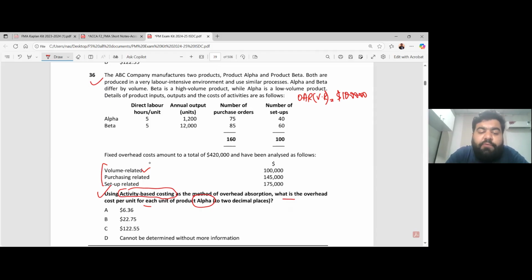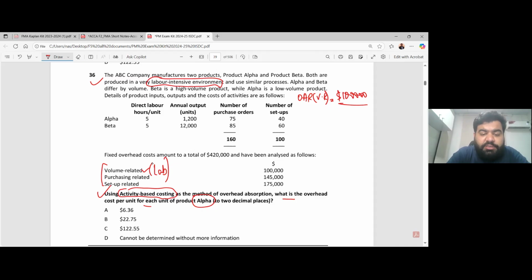So for volume related we will use labor as the base. Where it's written labor intensive environment, we'll use labor base. If it's written machine intensive environment, we'll use machine base. Intensive environment means that the focus is on this part. If labor intensive, labor is working more, so we'll take that base in volume related. So let us use labor hours as the base.